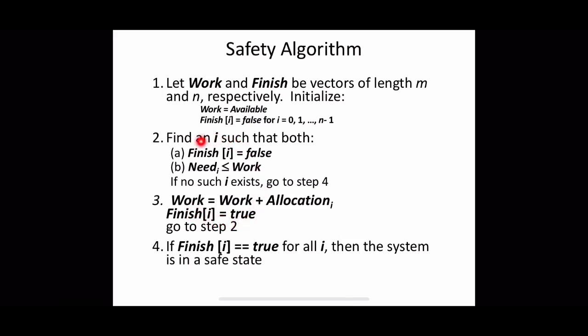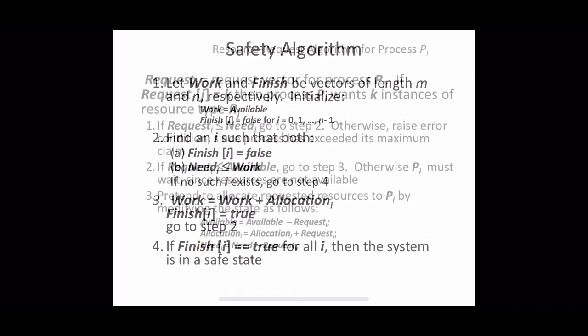Again go to step 2 to find another process that is yet to finish and can be satisfied by the currently available resources, and repeat these two steps until all the processes are finished. Finally, we reach step 4 to find out whether the system is safe or not. This is how the safety algorithm works.